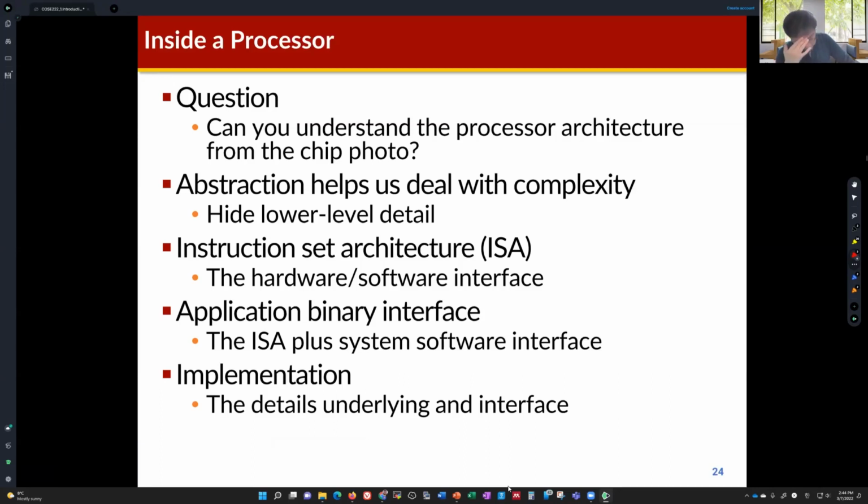Actually, in the first class, I mentioned that the goal of this course is to understand computer systems at an abstract level, an abstracted view. So we learn about computer systems with an architectural view.